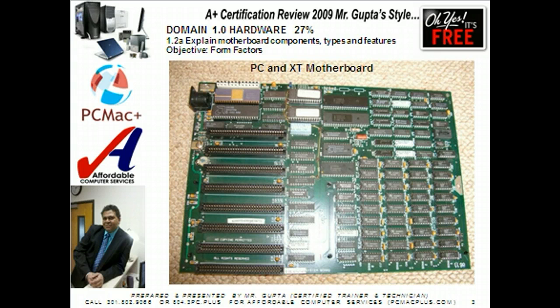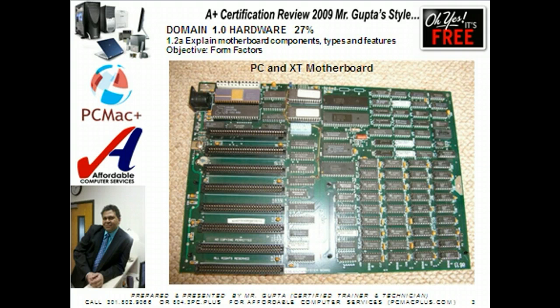Here we are looking at a form factor for motherboards. The first popular PC motherboard was, of course, the original IBM PC released in August 1981. IBM followed the PC with the XT motherboard in March 1983, which had the same size and shape as the PC board but had 8 slots instead of 5.